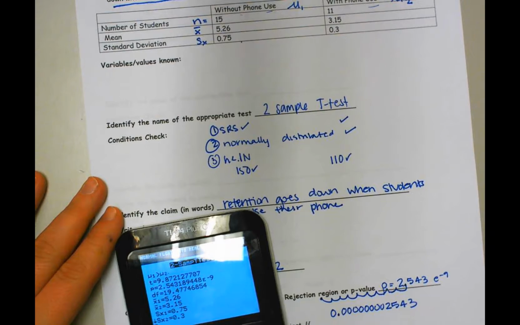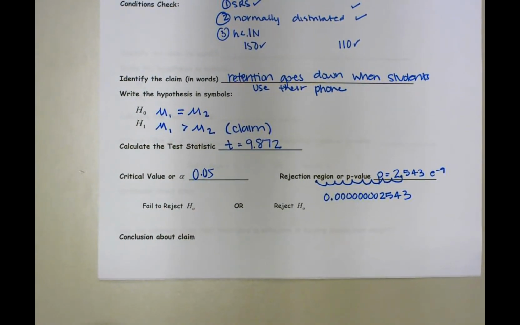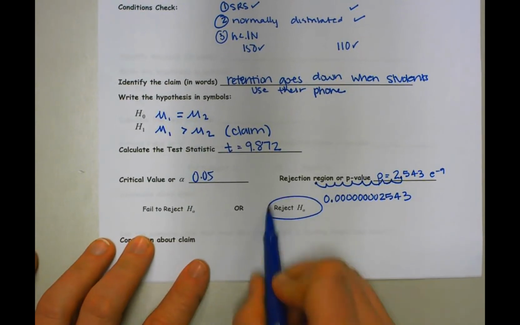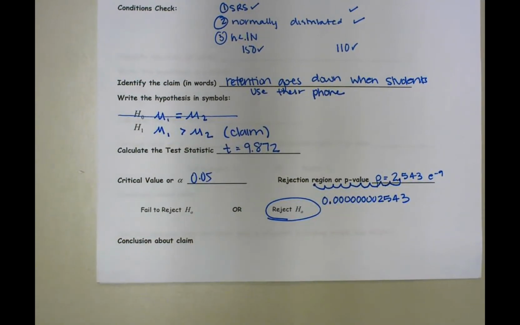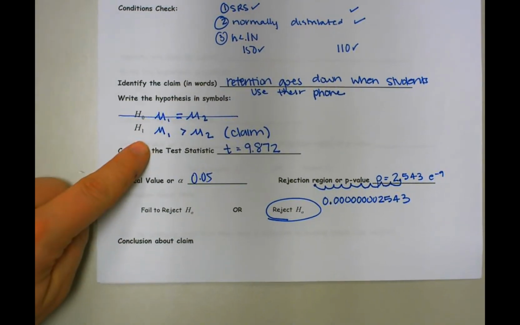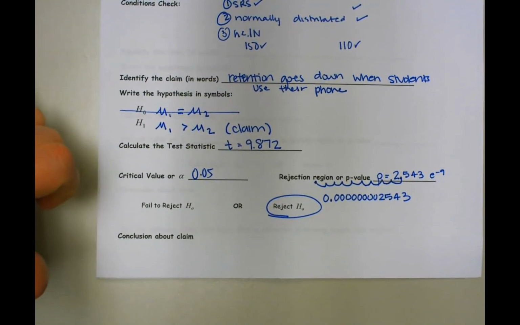So this number is significantly lower than our critical value. So when our p is low, we reject our null hypothesis. We're rejecting the null. It does not mean that we're rejecting the claim. We're rejecting our null hypothesis. So this is not true, which actually means that we have enough evidence to support our claim because we rejected the null hypothesis.